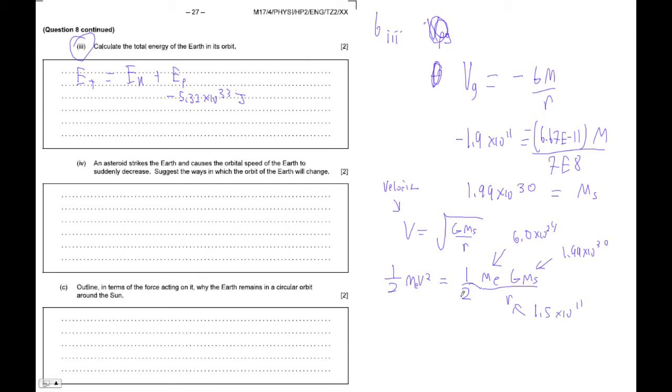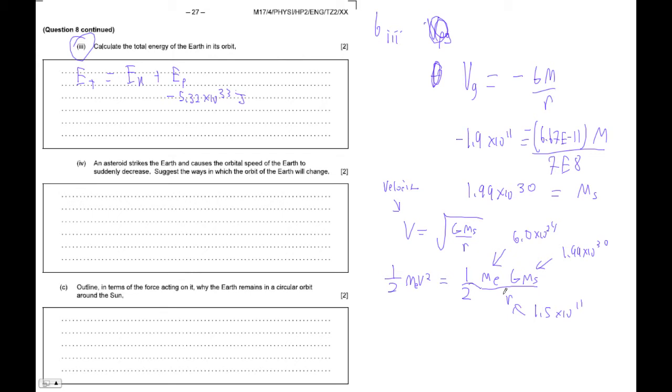So we're doing 0.5 times 6e24 times 6.67 e minus 11 times the number I just got on my calculator, which is the mass of the sun, divided by r, which is 1.5 e11.